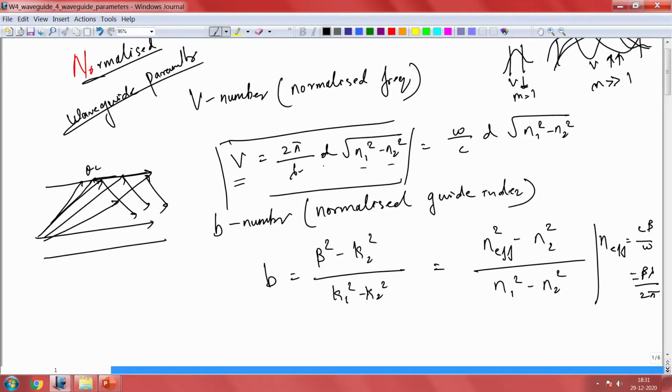This is how one can achieve single mode operation and avoid the effect of dispersion when it comes to light propagation through these waveguides.